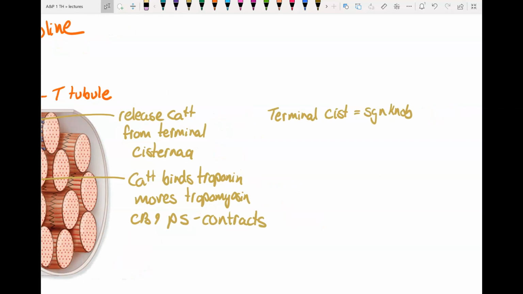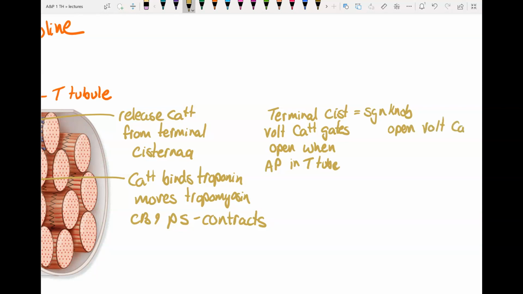The terminal cisternae has voltage calcium gates that open when there is an action potential in the T-tubule. Just like the synaptic knob will open its voltage-regulated calcium gates when there is an action potential in the axon.